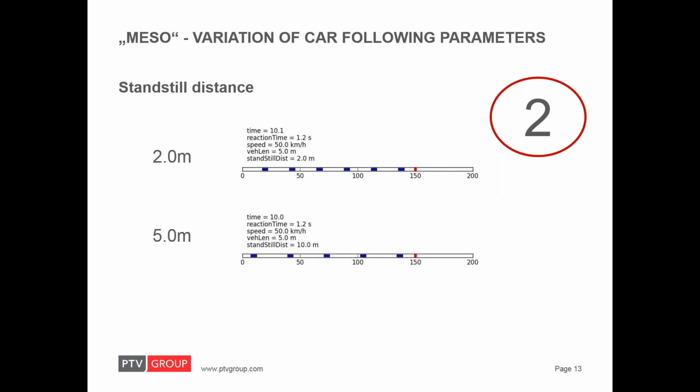Here, as the parameter indicates, the distance at standstill is bigger, which affects the maximum density on a link, and also how fast the queue moves in the upstream direction. And third, the desired speed differs in the two animations. Also here we see that this has an impact on how the queue moves in the upstream direction. So you can basically use these three parameters to calibrate your model.